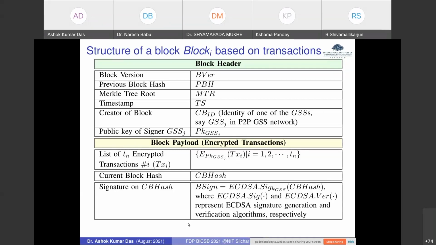Finally, the signature on the current block hash will be computed with the help of the elliptic curve digital signature algorithm. So here we have shown a typical structure of a block that is now ready to be added in the P2P GSS network.